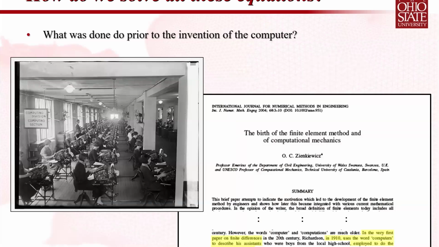What I like to point out is that these methods we're using to solve the equations, for example the finite element method, were of course developed prior to the invention of the computer. And the question is, how did they do these kinds of calculations beforehand? Here's your answer. Here's parallel computing in its most primitive form, where each person does one calculation and passes it to their neighbor. I found this paper called the birth of the finite element method.